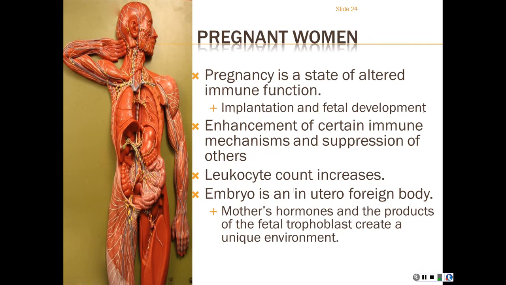Pregnant women: pregnancy is a state of altered immune function, with the implantation and fetal development. So there's an enhancement of certain immune mechanisms and suppression of others. In pregnancy, leukocyte count will tend to increase in order to accommodate all this extra blood, because overall plasma increases about 25% with pregnancy.